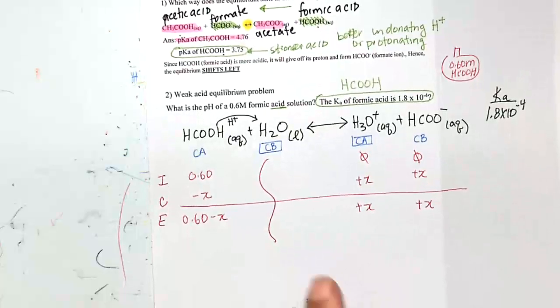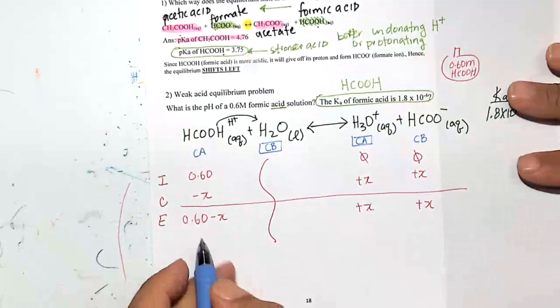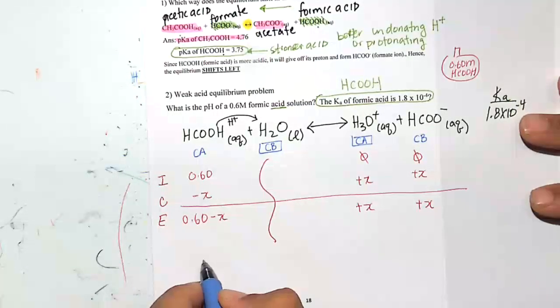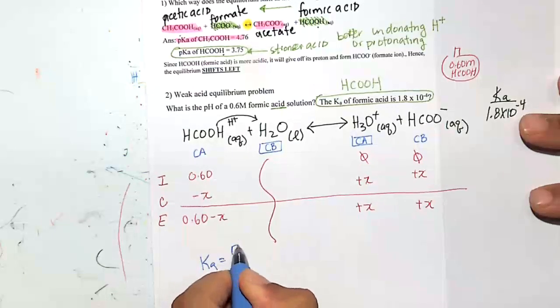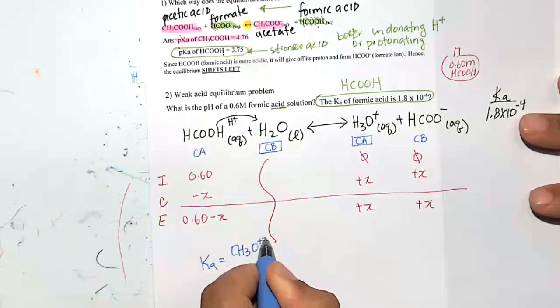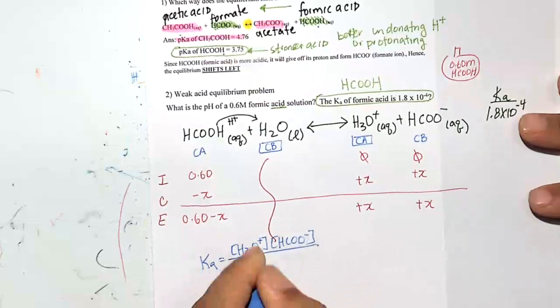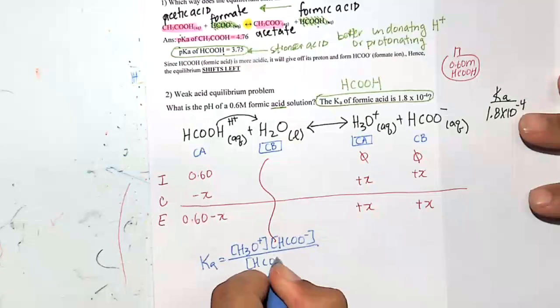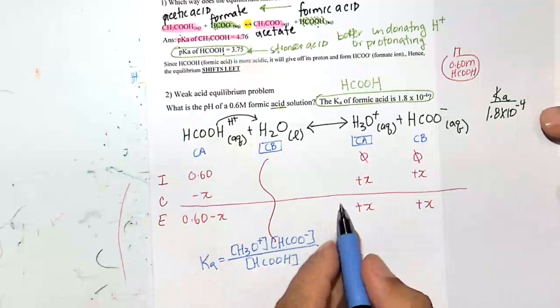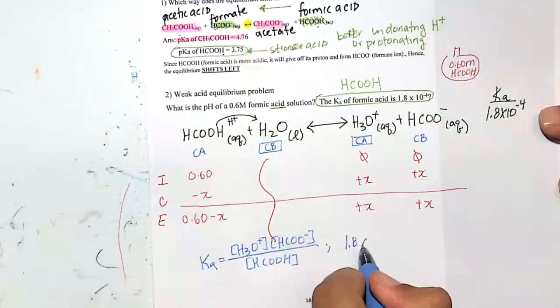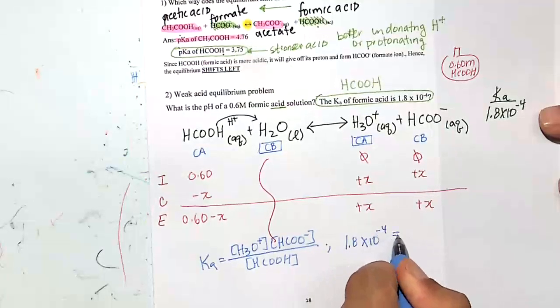Okay. All right, just like we did with the weak base, we will plug it into our equilibrium. Okay, we'll be doing a lot of these in chapter 16. You'll be doing a lot of them in this 2-week lab, so split up your work accordingly. Make sure you know how to do it. Ka is equal to H3O plus times HCOO minus divided by HCOOH. 1.8 times 10 to the minus 4.